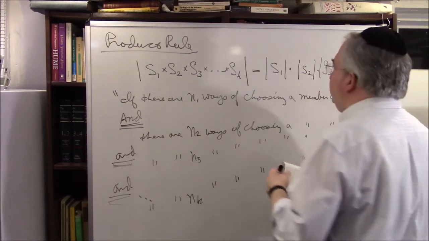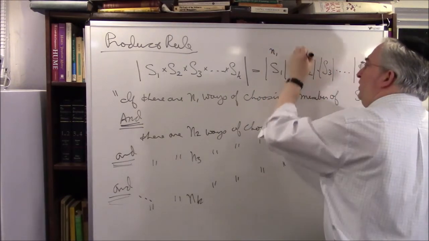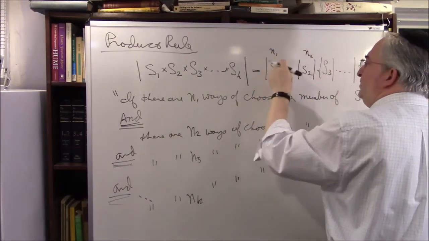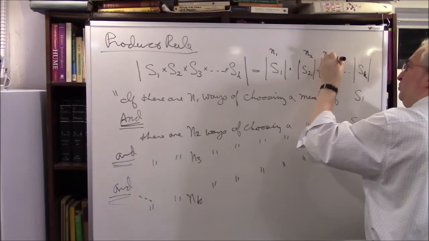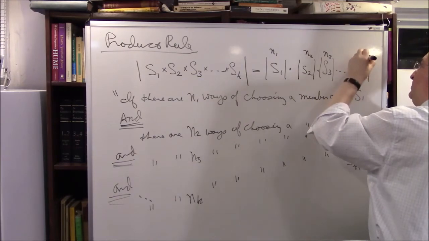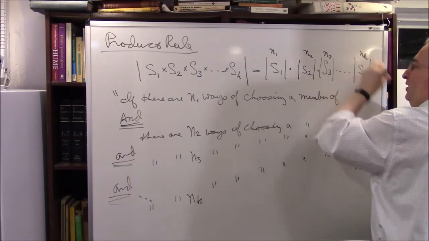So again, the way to think of this is n1, n2. How many elements are in S1? n1. How many elements in S2? n2. How many elements in S3? n3. How many elements in Sk? nk.